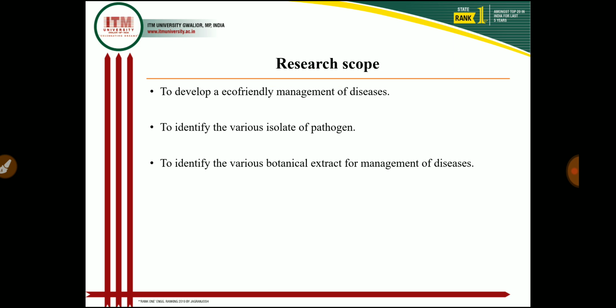Then you can also perform research on the basis of gram diseases. The first one is to develop eco-friendly management of the diseases.